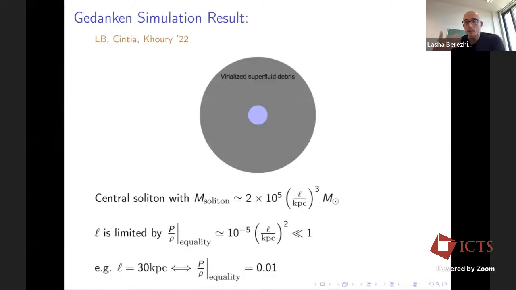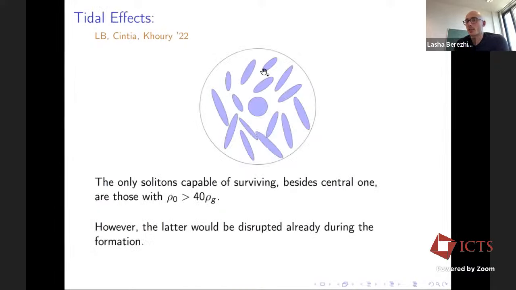So our final result of this Gedanken simulation is that you fully thermalize the halo, so you break it into solitons. There is a central soliton that survives, and it is surrounded by this virialized, stretched, spaghettified debris of superfluid solitons around it.